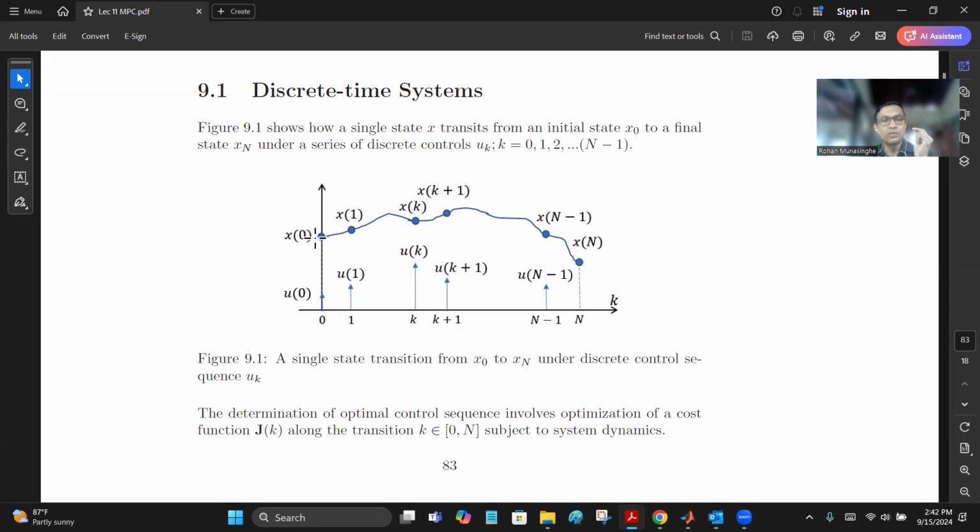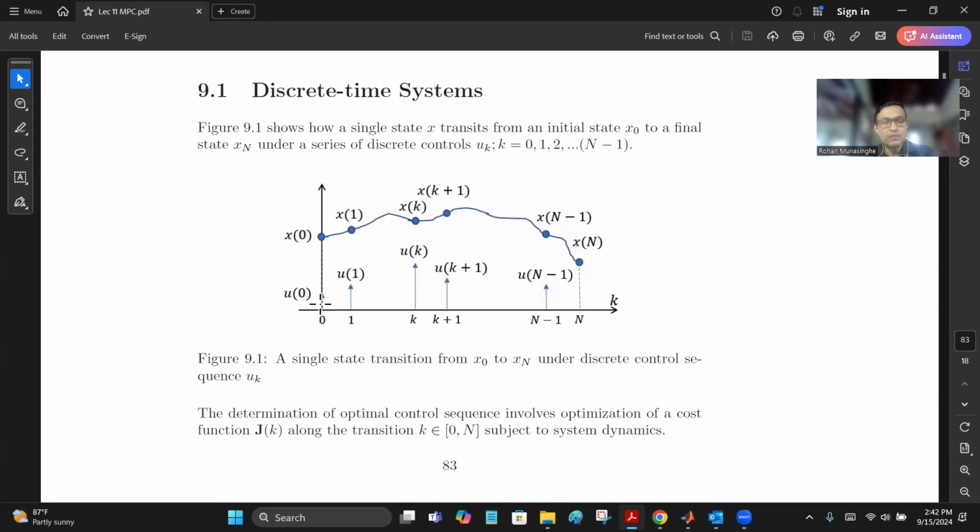It starts off here, x0 at time 0, and time 1, time 2, time k, time N minus 1, time N. Capital N is the last timestamp. You can think of this 1, 2, 3, 4 as maybe seconds, hours, days, whatever it is, it doesn't matter. It is the sampling interval. So between 0 and 1, 1 and 2 is the same constant time interval.